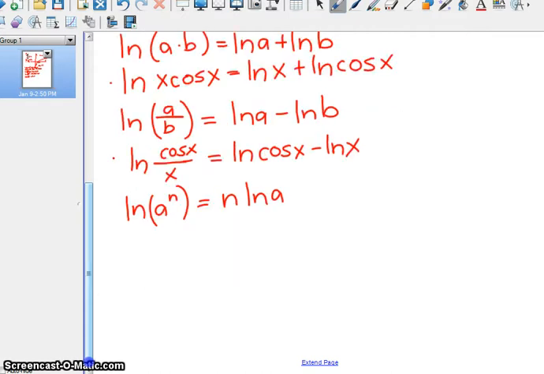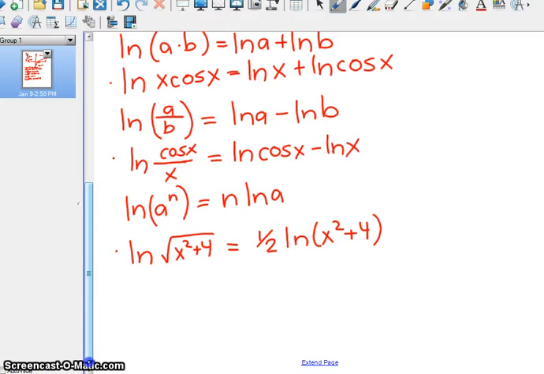So if you have the square root of anything, so natural log of the square root of x squared plus 4, that can be rewritten as 1/2 natural log of x squared plus 4. Okay, so you will use those logarithmic rules throughout this whole chapter.